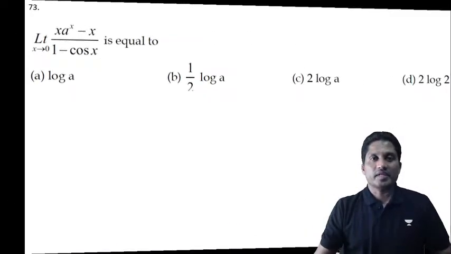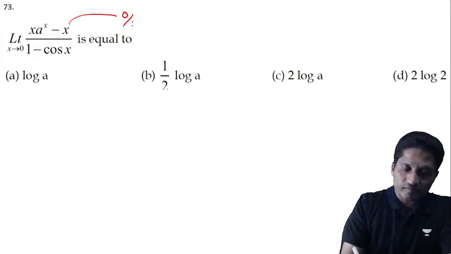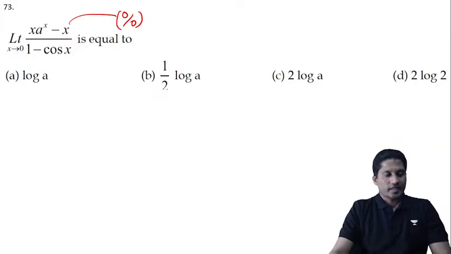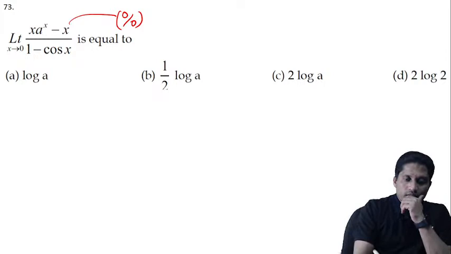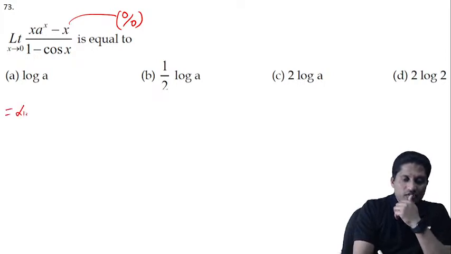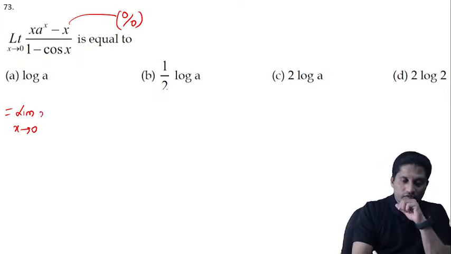Question number 73. x tending to 0, you get 0 by 0 form. Let us use L'Hopital's rule. Limit x tending to 0. We'll use L'Hopital's rule in the numerator, this is u into v dash.